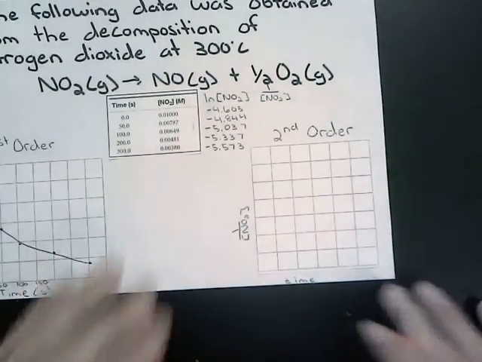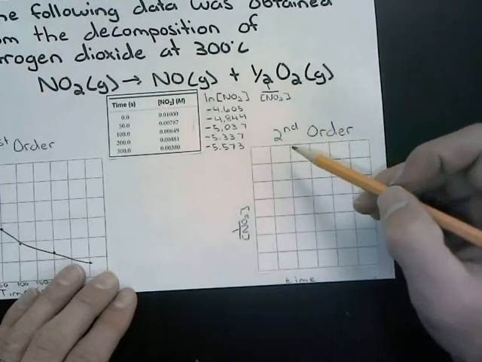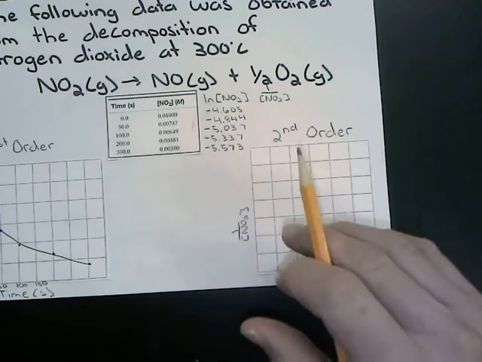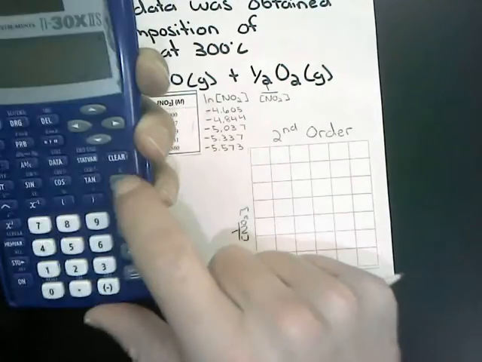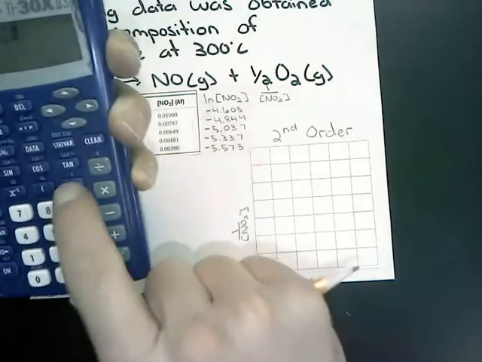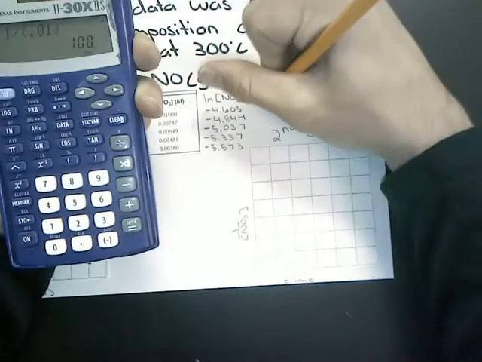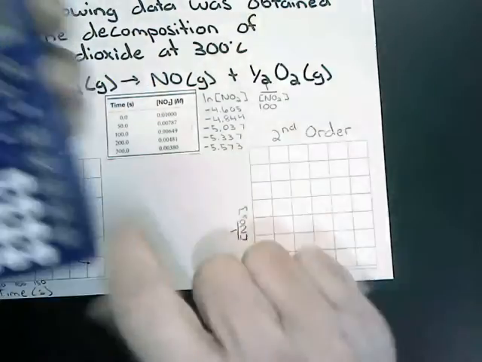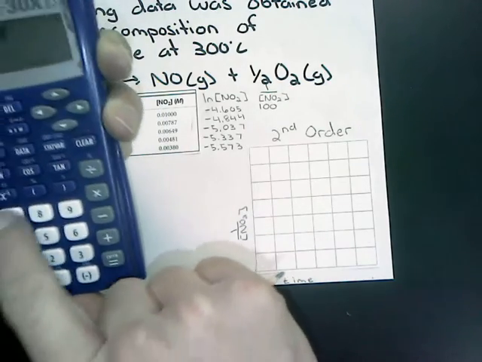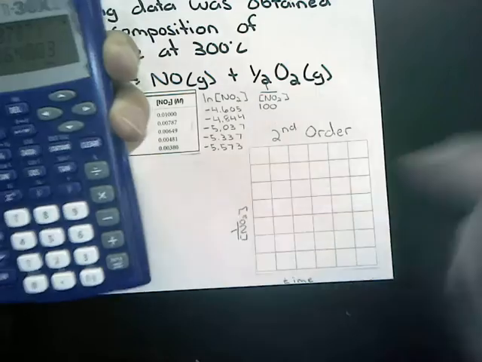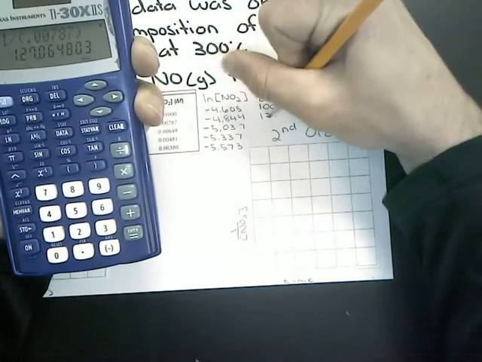So we need to find the values of 1 over the concentration of NO2. So we go 1 over 0.01, and that gets a value of 100. We do 1 over 0.00787, and we'll get a value, we'll say 127.